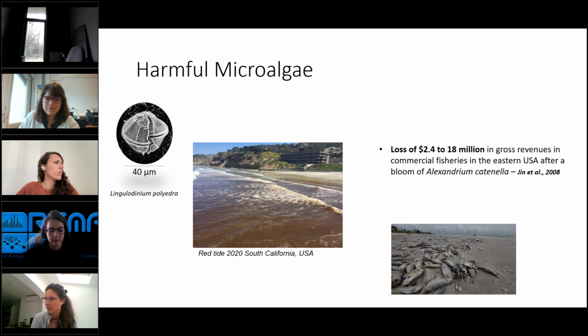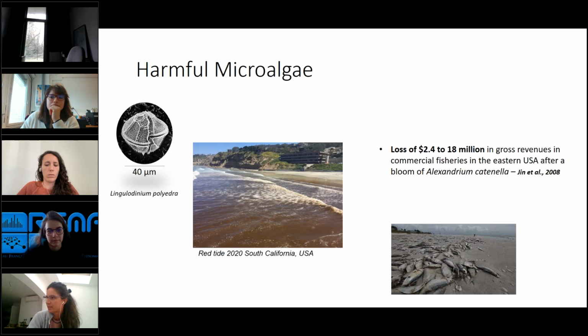From a human perspective, these events can also be a huge loss of money. You have an example of a bloom of Alexandrium that occurred in the eastern USA, after which a loss of up to 18 million in gross revenues in fisheries was calculated.